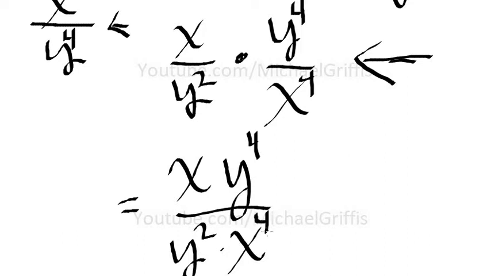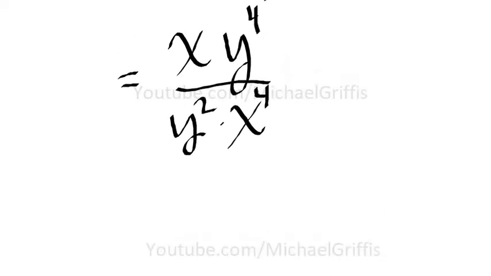Now, we need to look at what's in the numerator and what's in the denominator. Normally I've been putting x over x to the fourth, and y to the fourth over y squared, so you can see it a little better, but we're all grown up now, so we don't have to do that.